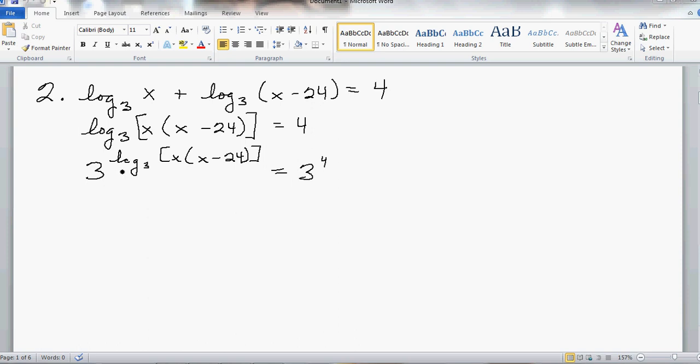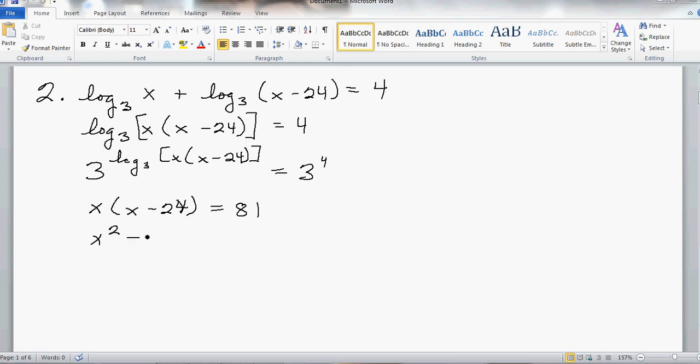Anytime you have base 3 taken to the log base 3, whatever is left is what remains. So we get x times the quantity x minus 24, and 3 to the 4th power is equal to 81. It becomes a simple algebra problem at this point.